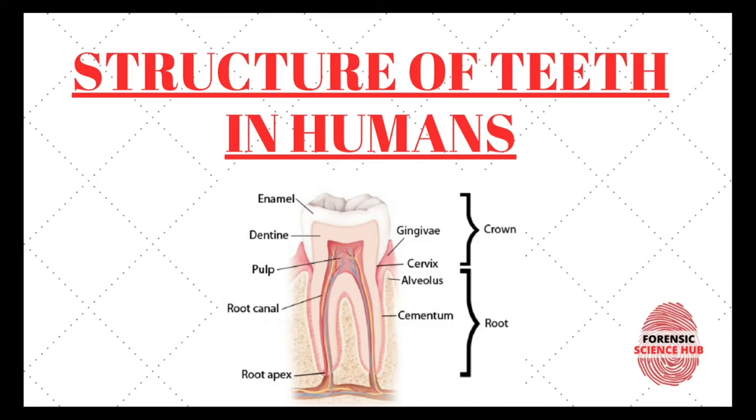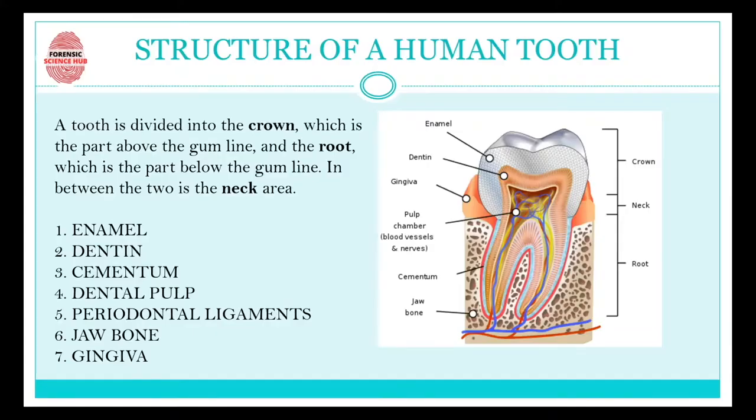Now let's get started. Firstly, let's understand that our tooth is divided into 3 main parts, that is the crown area, root area and the neck area. The crown is the part above the gum line. Here you can see the crown area, present above the gum line.